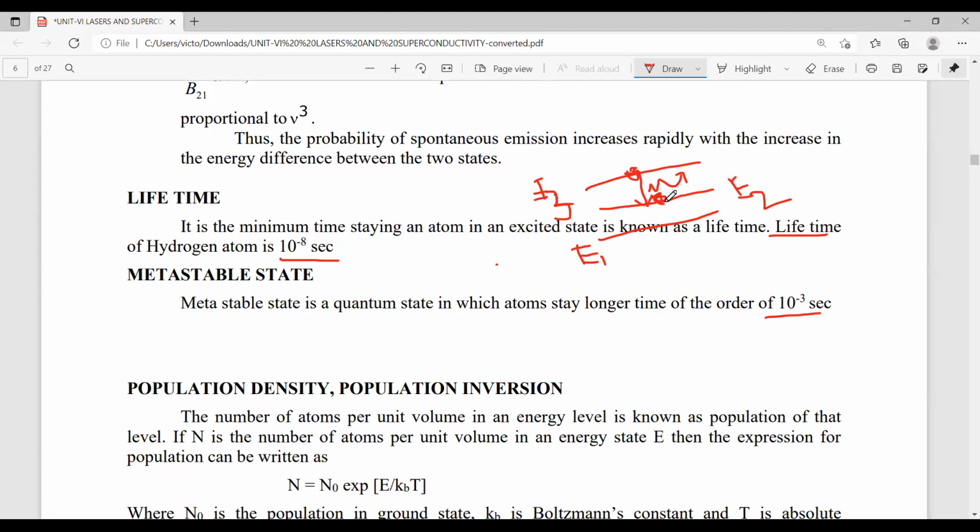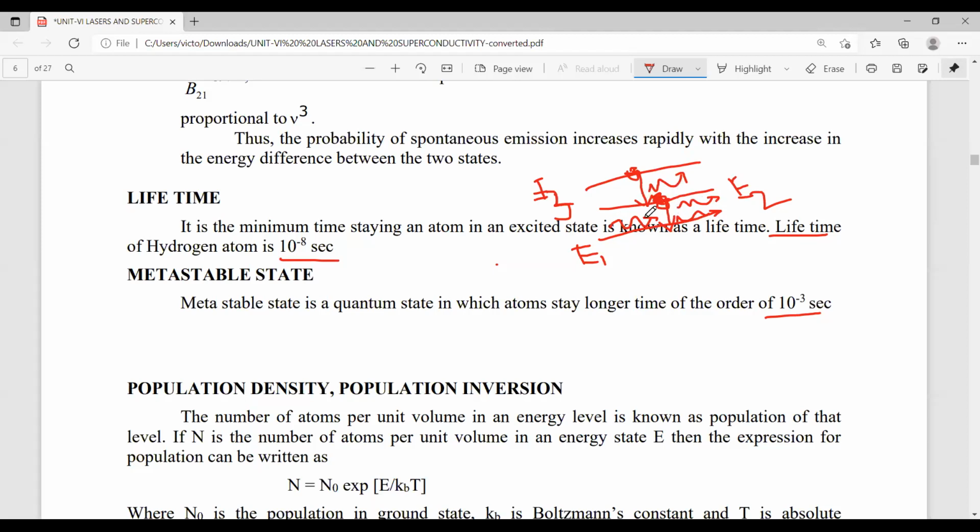So at this position, it cannot jump to the lower energy level without external energy. When we give some external energy, the atom moves from E2 to E1, and when it jumps from the E2 energy level to the E1 energy level, it emits photons of energy.